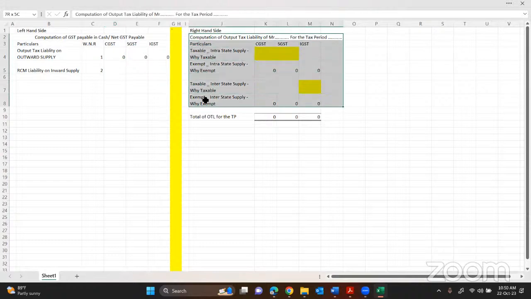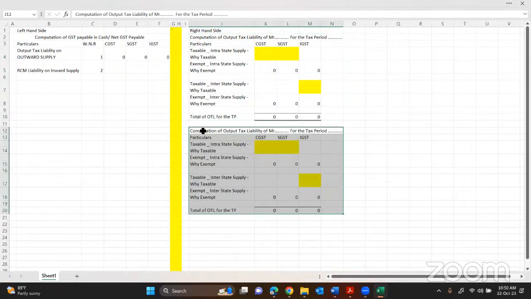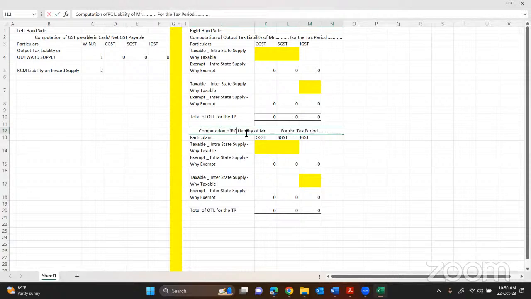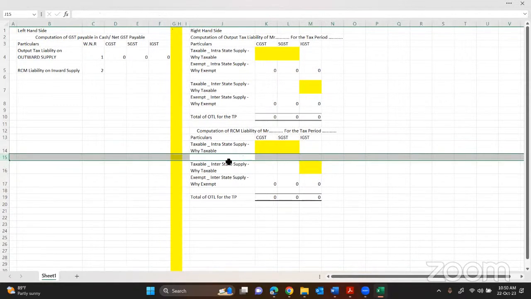Same way, computation of RCM liability of Mr. X for the period, calculations and so on. And in this, you need to understand exempt, there will not be a question of taxable.